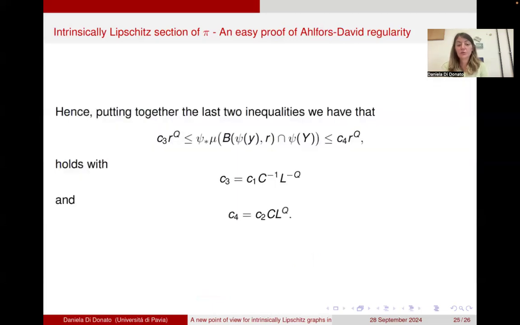And so, putting together the last 2 inequalities, we have that the push forward of psi on mu of the ball centered at psi(y) and radius r intersecting psi(Y), it is possible to compare this quantity with r power Q.